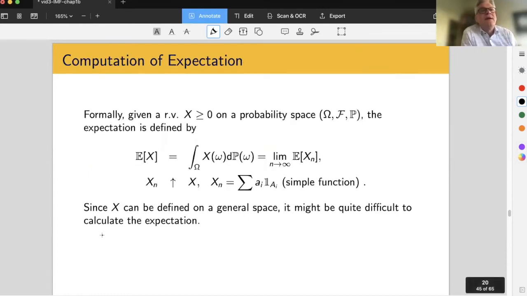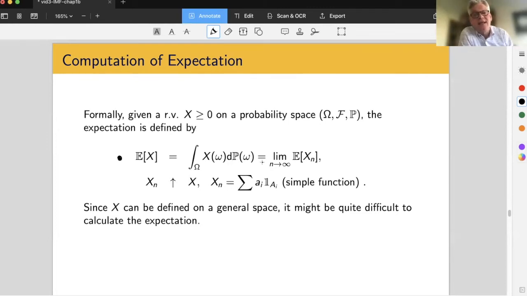All right, now let's see how we can compute the expectation with the help of the distribution function. Formally, given a non-negative random variable x on a probability space (Omega, F, P), the expectation is defined in measure theoretical notation as follows. The expected value of x is the integral of x(omega) dP(omega).